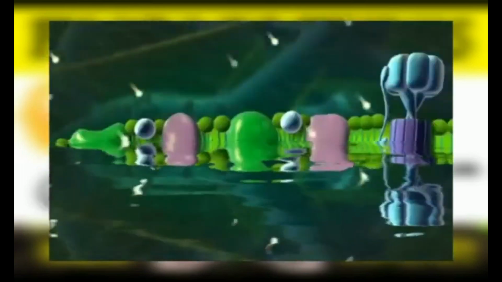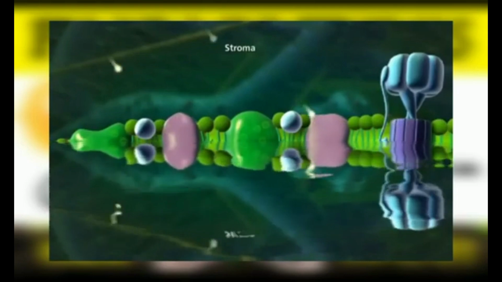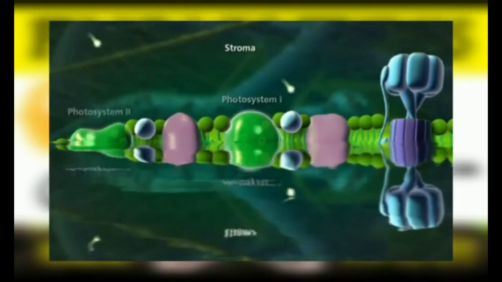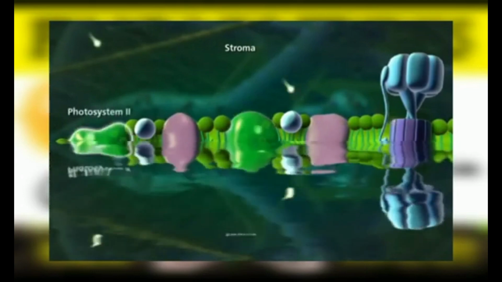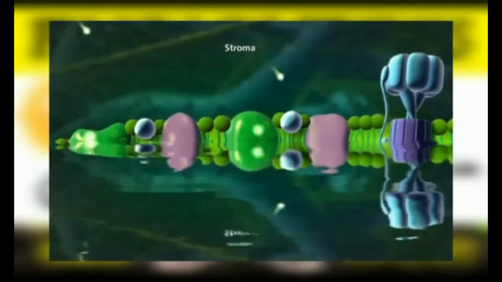It is here that conversion of light energy to chemical energy is initiated. In most photosynthetic organisms, thylakoids contain pairs of photosystems, called photosystem 1 and photosystem 2, that work in tandem to produce the energy that will later be used in the stroma to manufacture sugars.